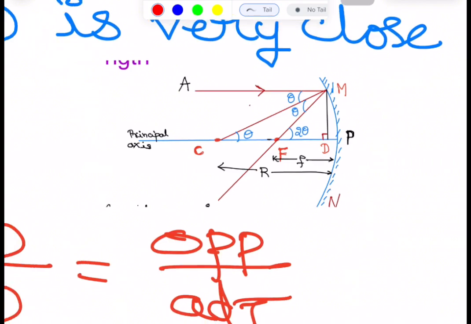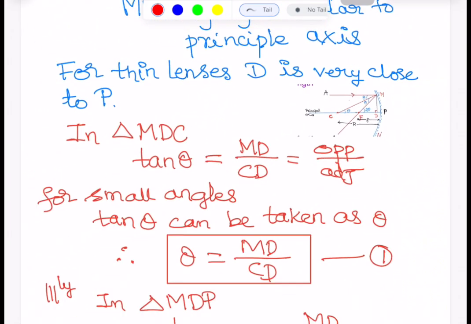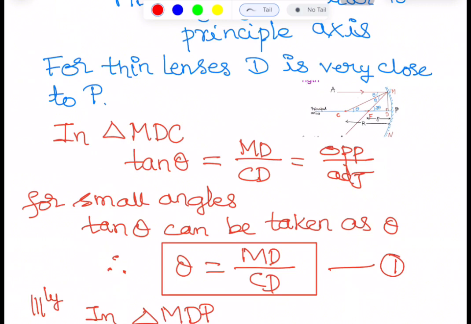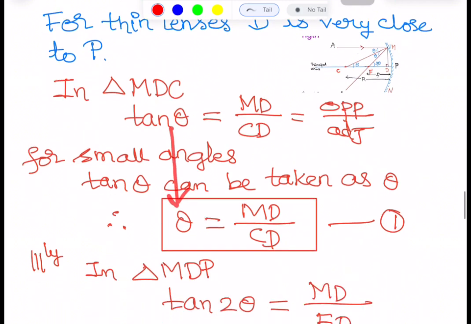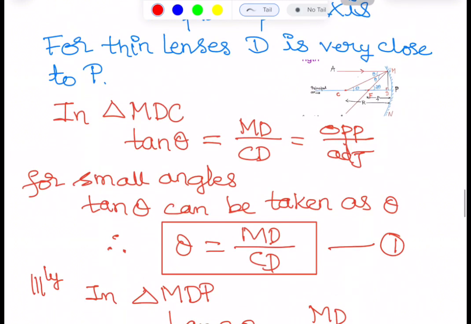It is found that for small angles in trigonometry, tan theta can be considered as theta only, but the angle must be in radians. So you can put tan theta as theta. Therefore theta is equal to MD by CD.